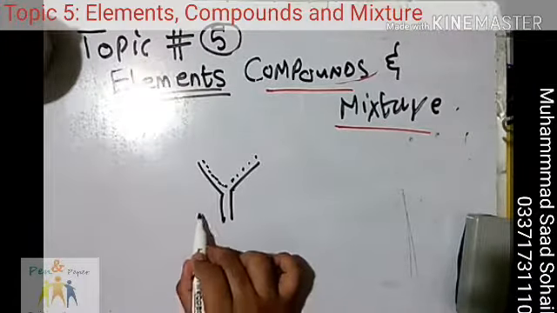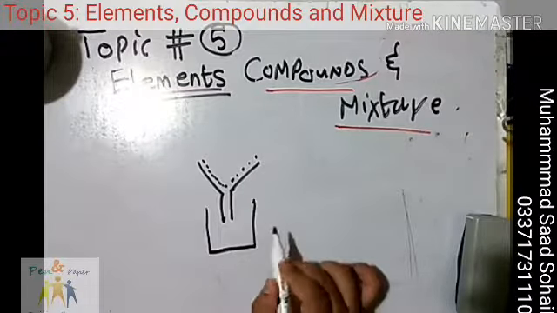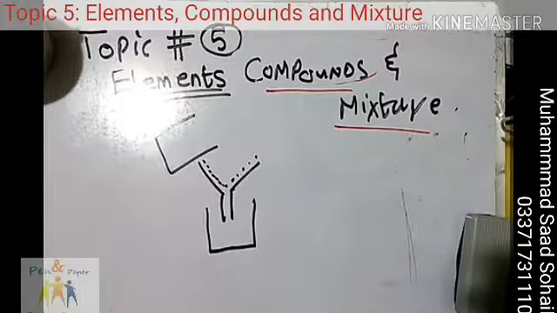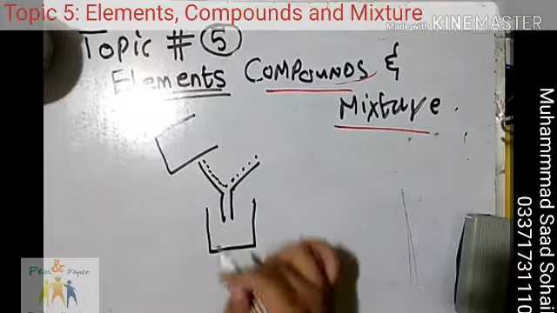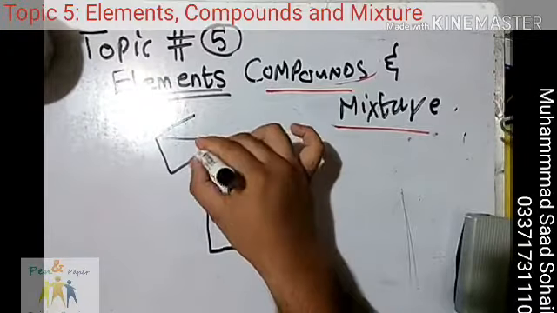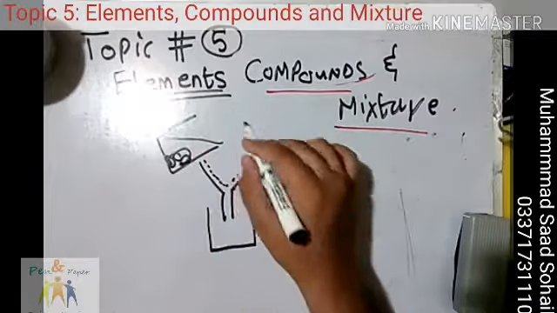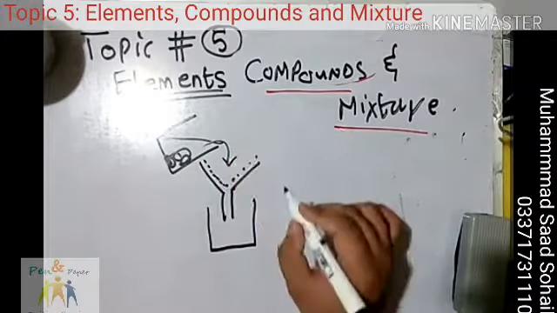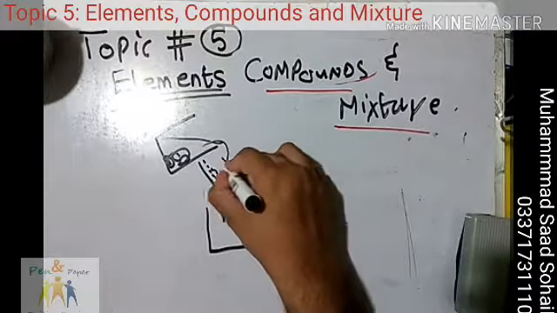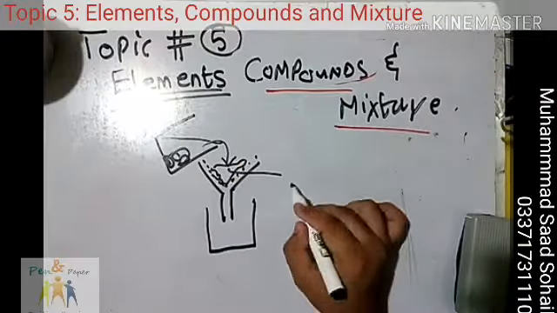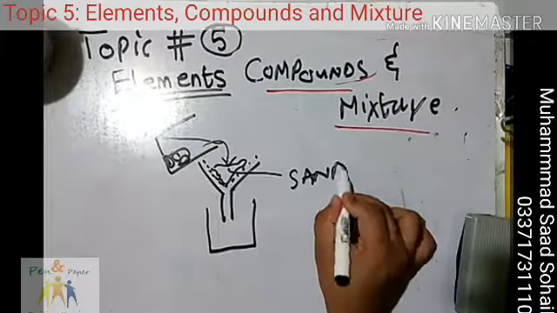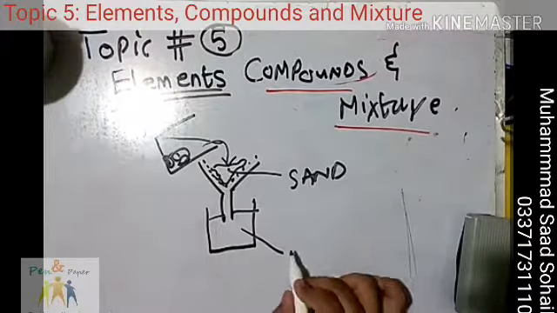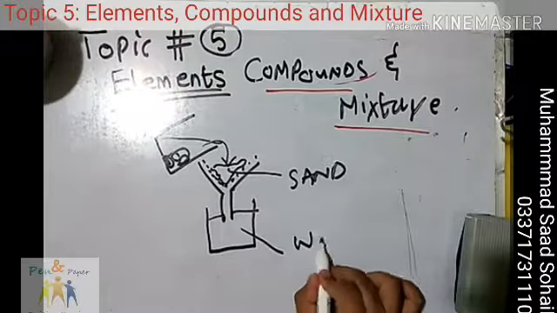You can place it over a beaker and pour it. What will happen is that after you pour it through the filter funnel, sand particles would remain in the filter paper as the residue, and water will collect in the other beaker as your filtrate.